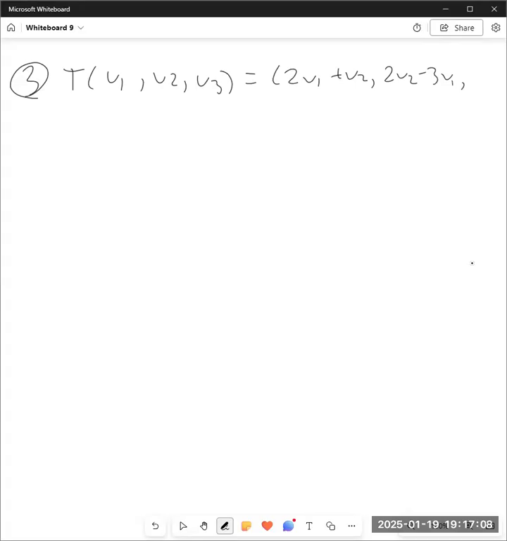Moving on to number 3, we have T of V1, V2, V3 is equal to 2V1 plus V2, 2V2 minus 3V1, V1 minus V3.